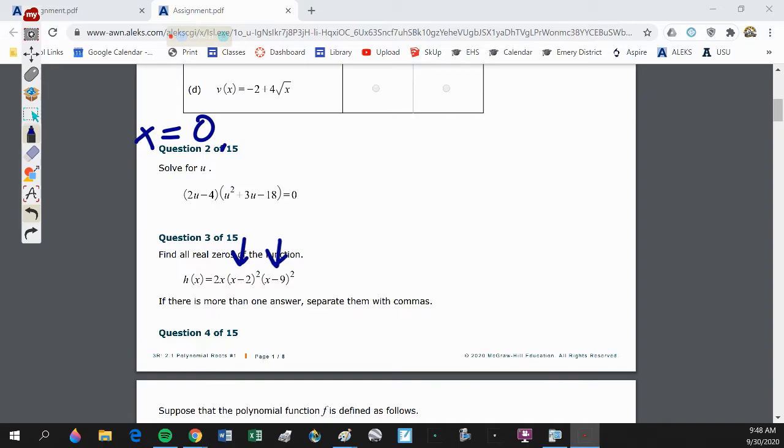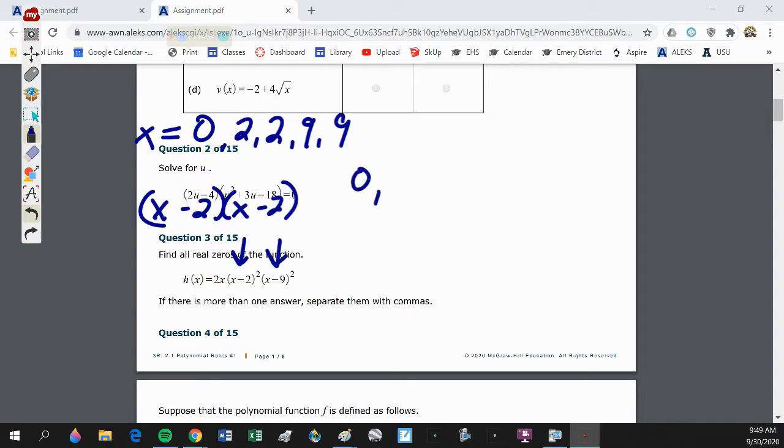And then this one is 2 and 2, because there are two copies of x minus 2. And then the last one is 9 and 9. But on this problem, it just says, tell me what the numbers are. So where does this graph hit the x-axis? And the answer is 0 and 2 and 9.